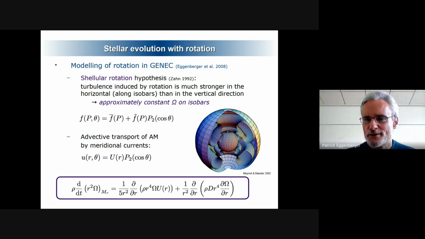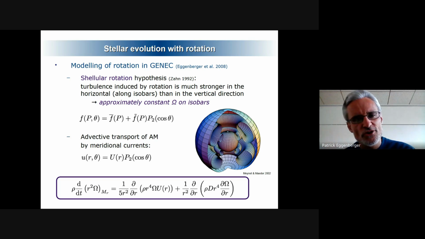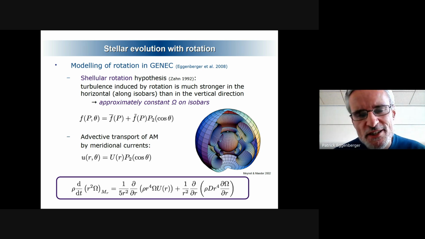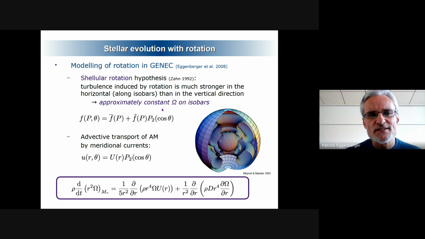And depending on the sign of this velocity, you can either transport, for instance, angular momentum from the central region to the external region, or from the external region to the central region. We will come back to this kind of thing. The key point here is related to the fact that you will have the transport of angular momentum.